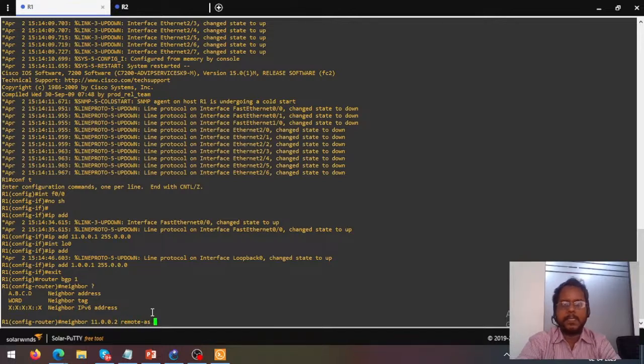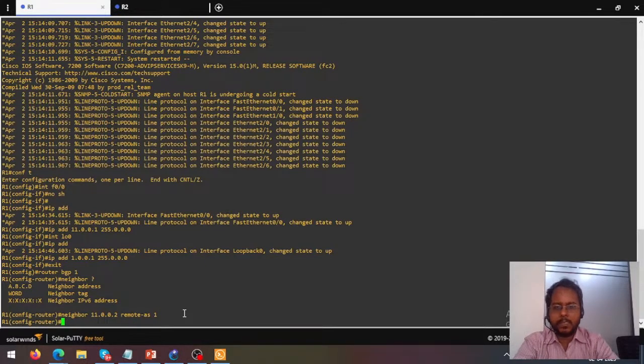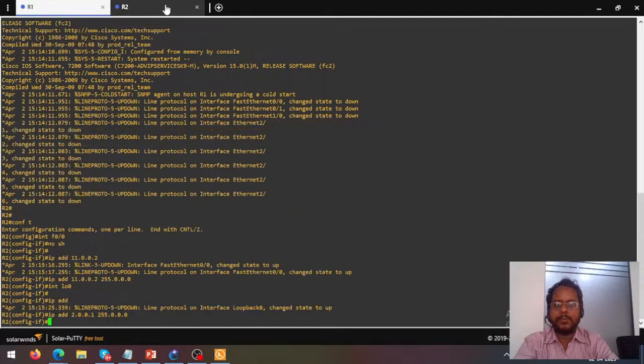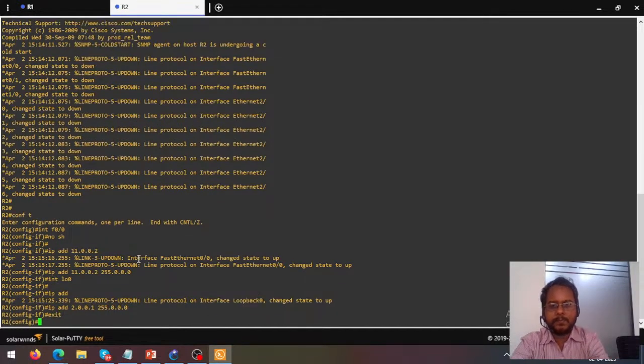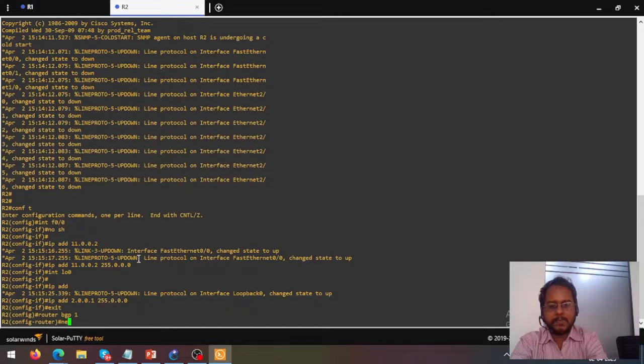If you configure EBGP, in that case you will give a different autonomous system, say autonomous system 2, but I am here considering that the two routers are in the same AS, so it is IBGP, internal BGP. So here I'm using the same AS, so the AS number is 1. Now this is done in R1. Similarly, do the same thing in R2, router BGP and AS number 1, and then the neighbor statement, neighbor is 11.0.0.1, and the remote AS is also 1.